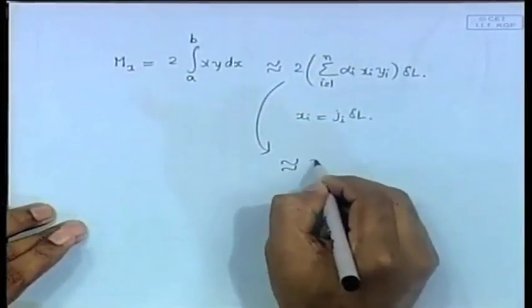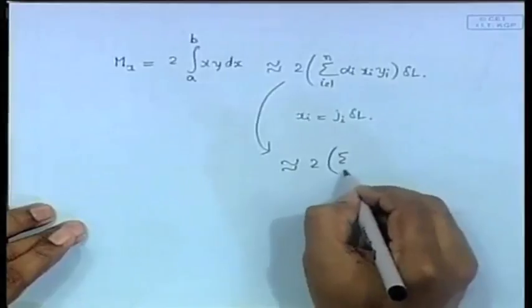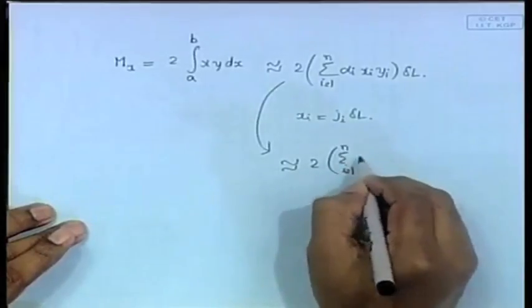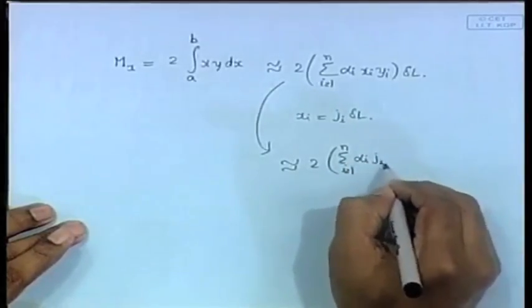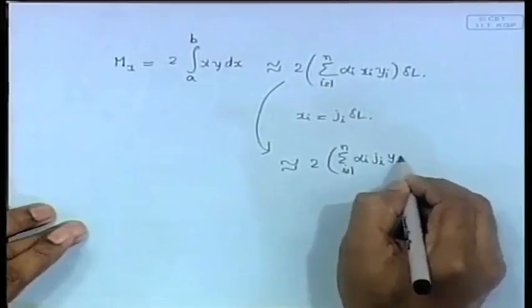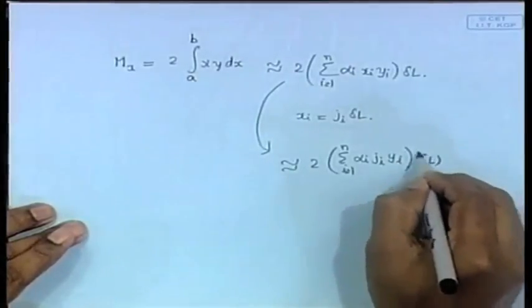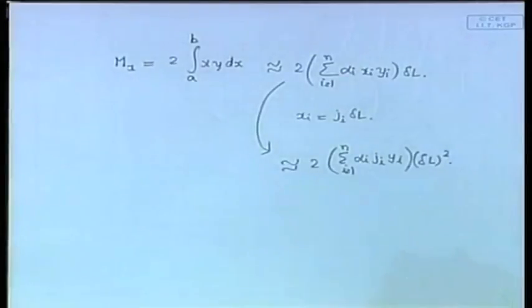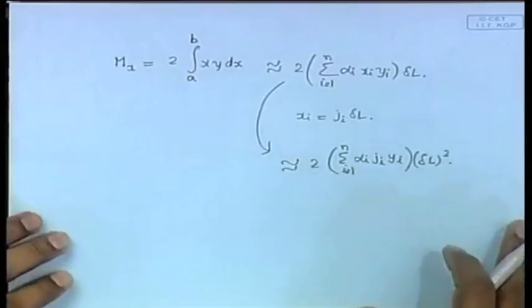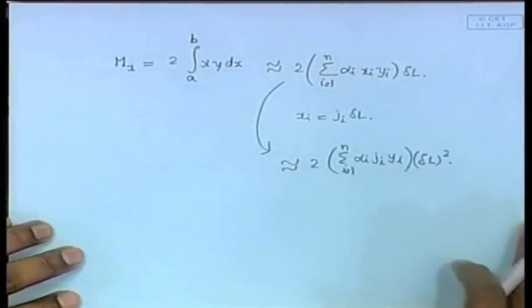So, this equation itself we can write as 2 into sigma I equals 1 to n alpha I j I y I into delta L squared. Okay. This is just taken that delta L outside. Why is it written like this?